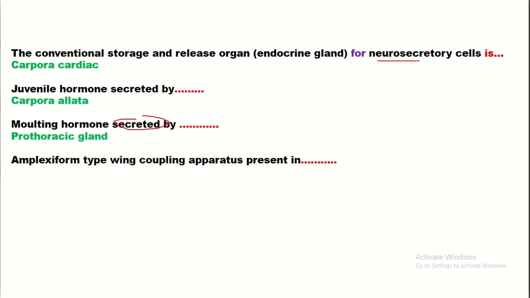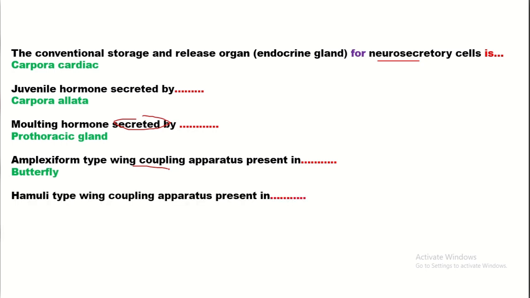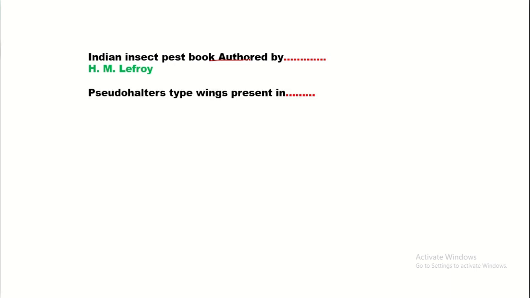Amplexiform type of wing coupling apparatus present in butterfly. Hamuli type wing coupling apparatus present in honeybees. Indian Insect Pest book authored by Lefroy, Maxwell Lefroy.